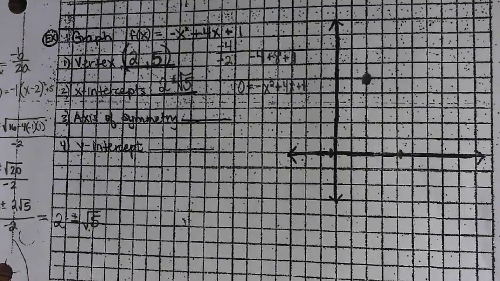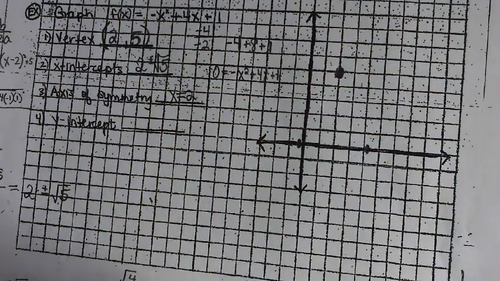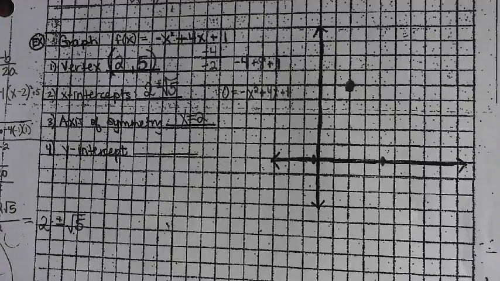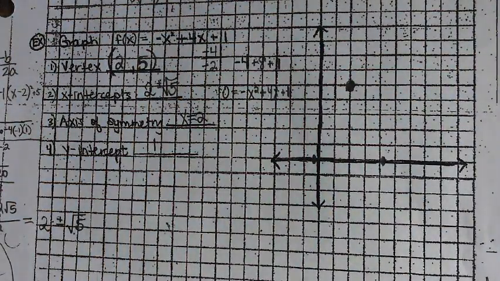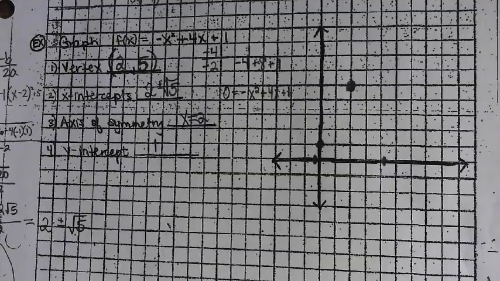Okay, axis of symmetry. Morgan? X equals 2. Very good. And your y-intercept, Trista? 1. You can take the time to plug in 0 if you'd really like, but you could just grab your c value. So that gives me a point that actually fits on this graph.